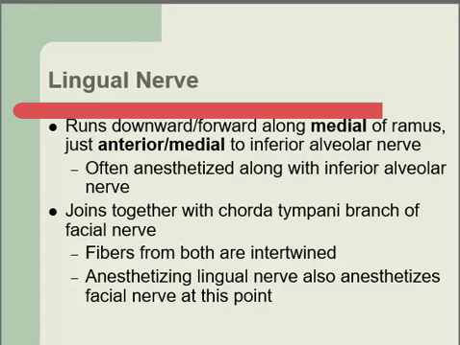So when the patient reports just the tongue is numb, they didn't go deep enough to get the inferior alveolar nerve. If you've gone deep enough and you get the teeth numb by getting right before the inferior alveolar nerve, the lingual nerve just gets numb because it runs close enough to the IA nerve, so that the tongue gets numb as a consequence of doing the IA nerve block.